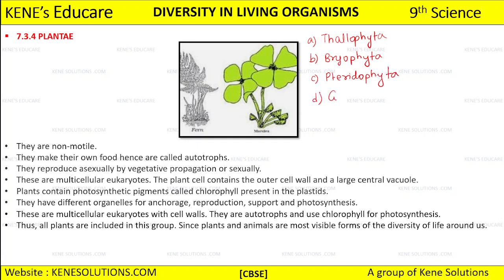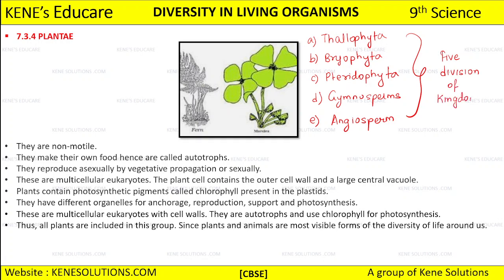Then we have Gymnosperms. And we have Angiosperm. So these are the 5 divisions of kingdom Plantae.